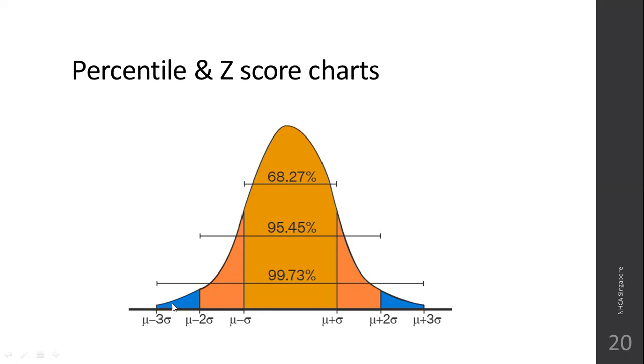The highest number of children are in the 10 to 12 kg range. Almost all, 99%, will be within the 8 to 13 range, and the second majority will be between 9 and 11. So this is what a normal curve or Gaussian chart tells you.